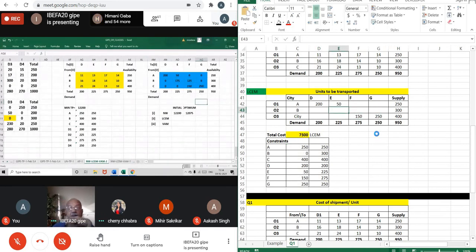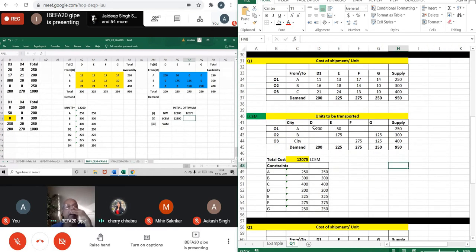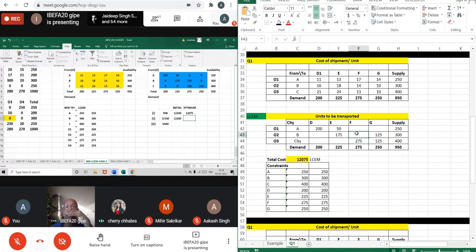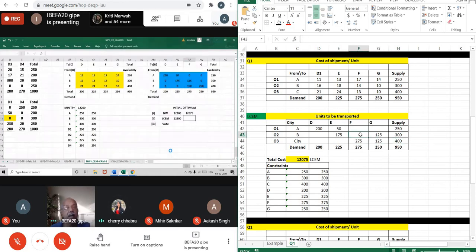Finish. Again I have here 12,200. By solver, same answer, 12,075.